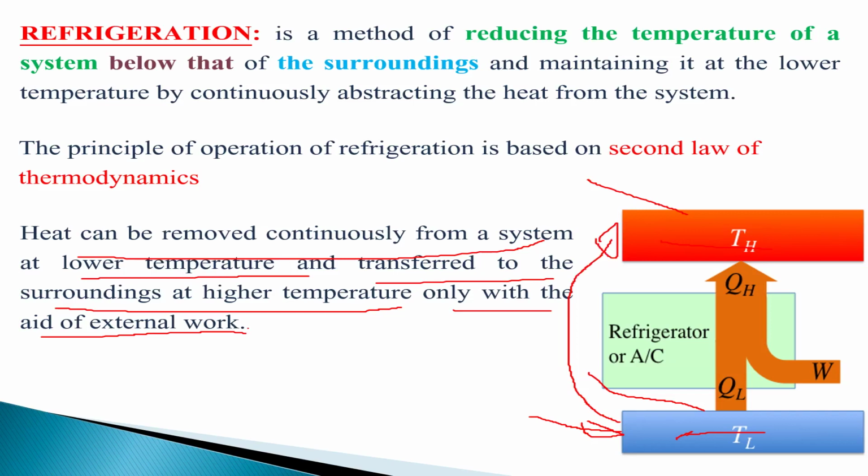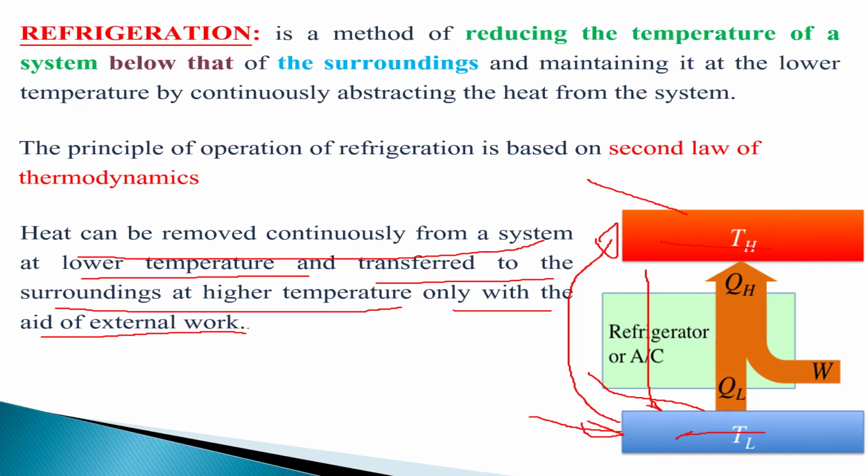Naturally that is not possible, because heat always flows from the higher temperature zone to the lower temperature zone. Now in order to remove the heat and transfer it from the low temperature zone to the high temperature zone, we have to take the help of an external machine. That is what the refrigerator does.